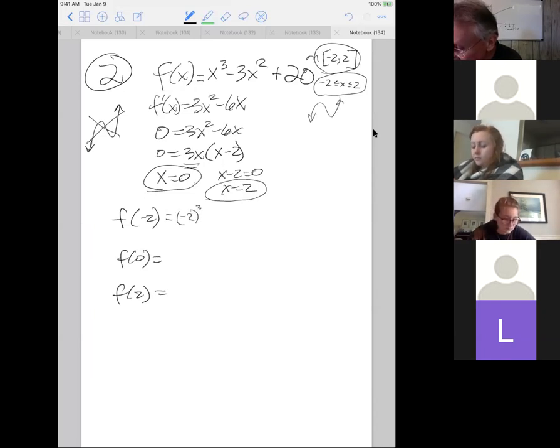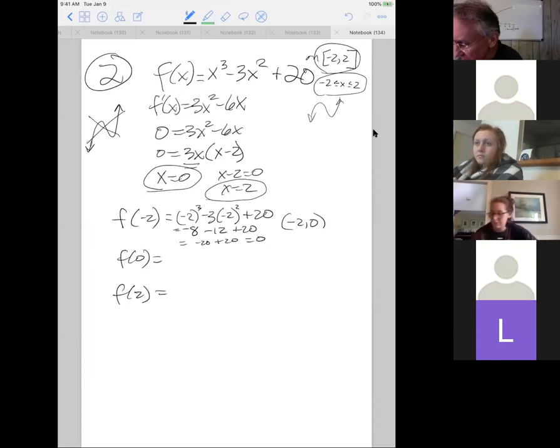So -2 cubed minus 3 times (-2) squared plus 20 equals -8 minus 3 times 4, which is minus 12, plus 20. We got minus 20 plus 20 equals 0. So we've got (-2, 0) as our first value that we're checking. Now f of 0 equals 0 minus 0 plus 20 equals 20.